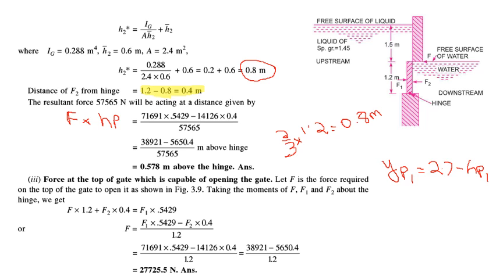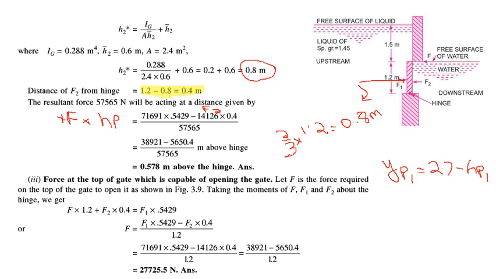Since it is acting in the direction of F1, it is producing a clockwise moment, and I'm taking clockwise as positive. So this is equal to F1 into its YP1, and since F2 is in opposite direction, minus F2 into YP2, which is 0.4.